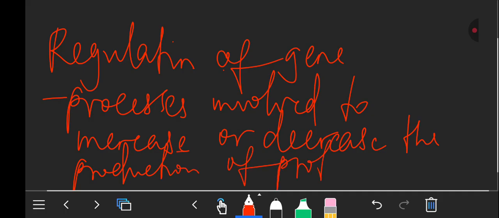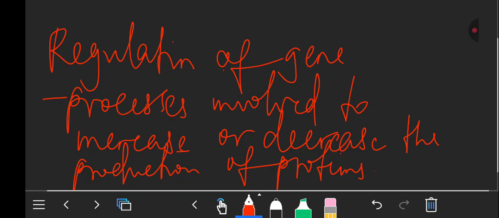You see, there are times when the body does not need so much protein, and if the body tends to produce more than what is required, too much protein, those proteins can just be wasted. They can't perform any function.